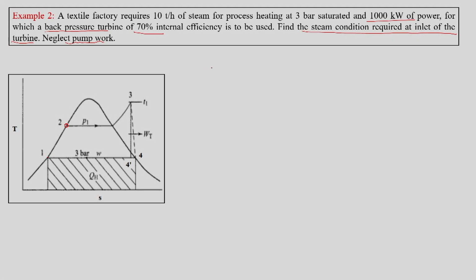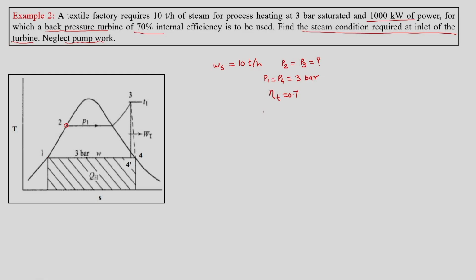So, we are told that the mass flow rate of steam is 10 ton per hour, and P2 is equal to P3, which is to be found out. We are supposed to find out this, but we are given that P1 is equal to P4 is equal to 3 bar. We are also told that turbine efficiency is 0.7.